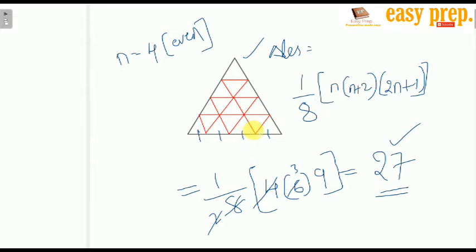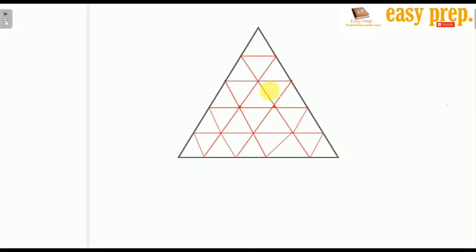Okay, as I said, there is another formula for the figure where the base triangles are odd numbers. See, 1 2 3 4 and 5.